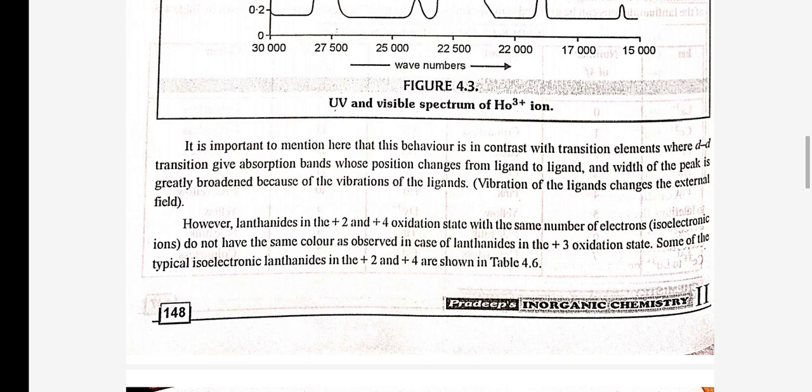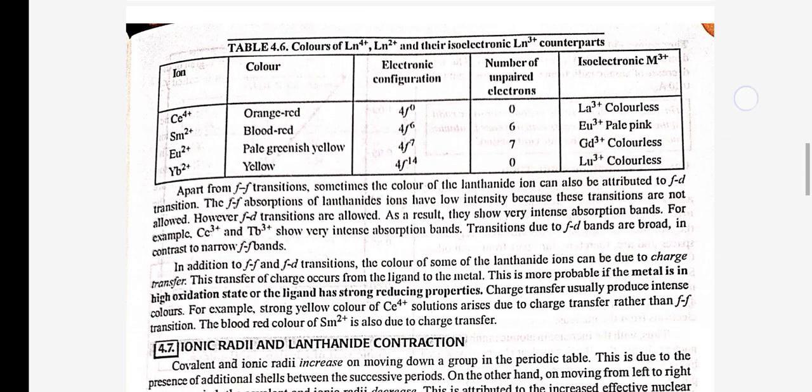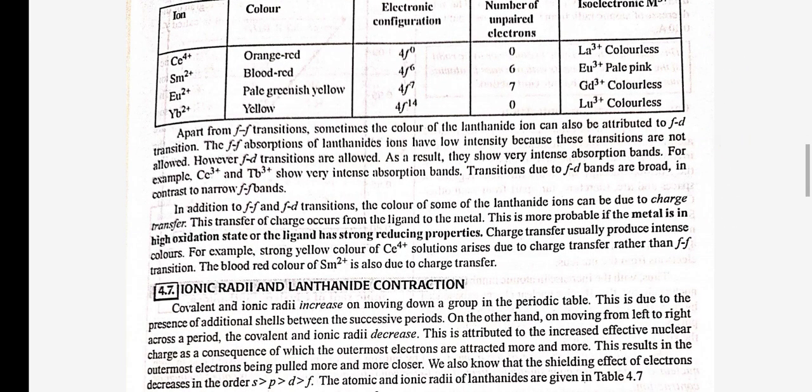Some of the typical isoelectronic lanthanides in the +2 and +4 oxidation states differ. Apart from f-f transitions, sometimes the color of the lanthanide ion can also be attributed to the f-d transition. The f-f absorptions of the lanthanide ions have a very low intensity because these transitions are not allowed.